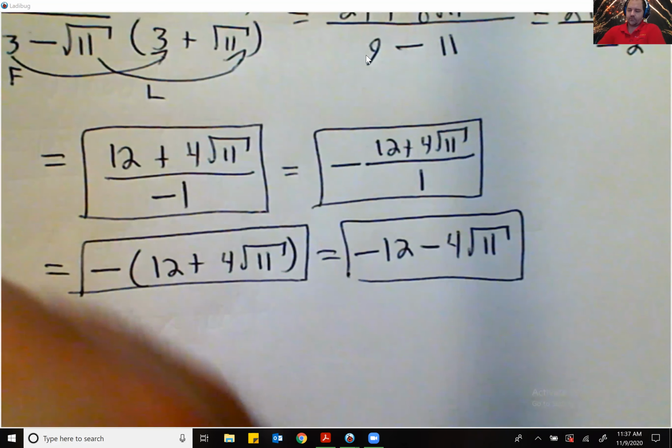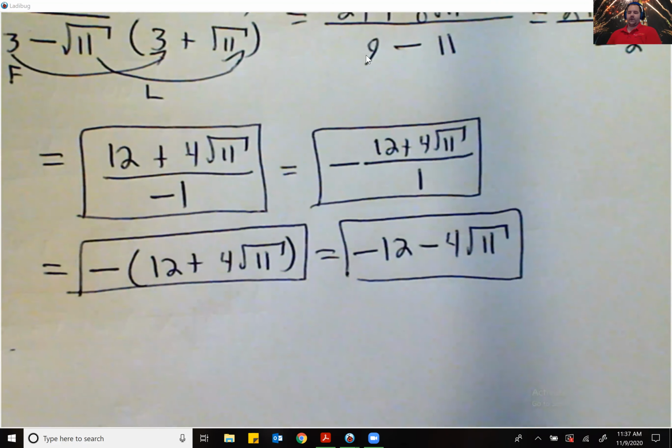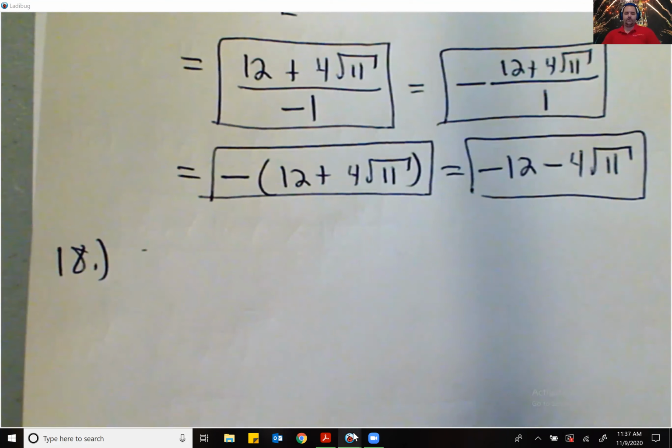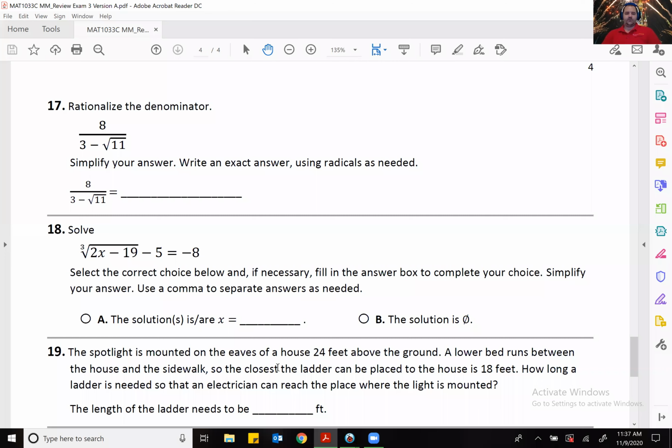Almost there. Number 18, we're going to solve a radical equation. So number 18, we got this cube root of 2x minus 19, minus 5, equal to negative 8.